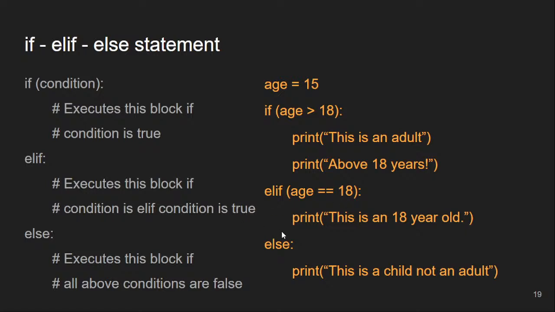You can have another elif where you check if the age is equal to another number or greater than another number. All right, and then have its own statement, or set of statements, inside that. So that is allowed. You can have as many elif blocks as your program needs.